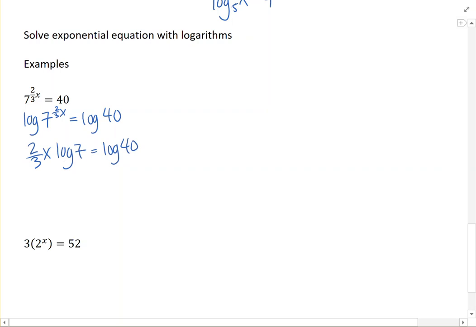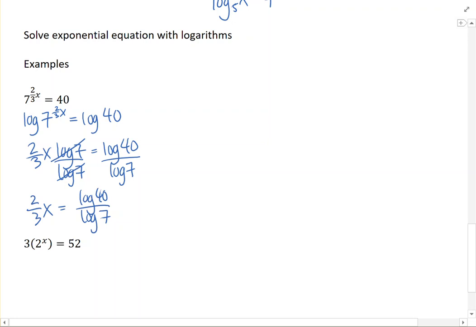Now we can just divide both sides by log 7 because those two multiply. So log 7 is gone. Therefore we have 2/3 x equals log 40 over log 7.